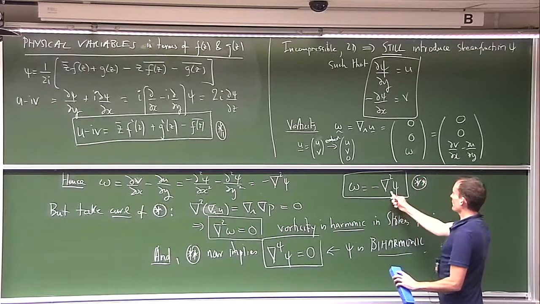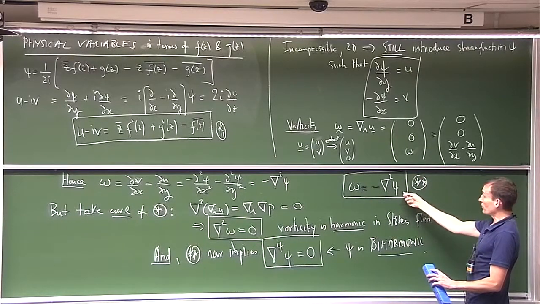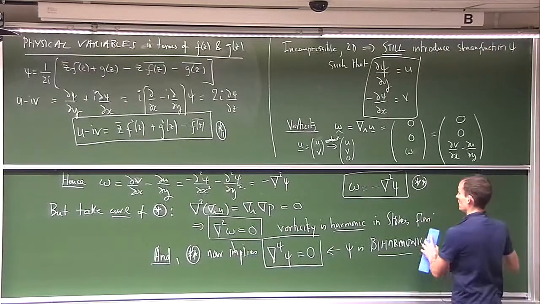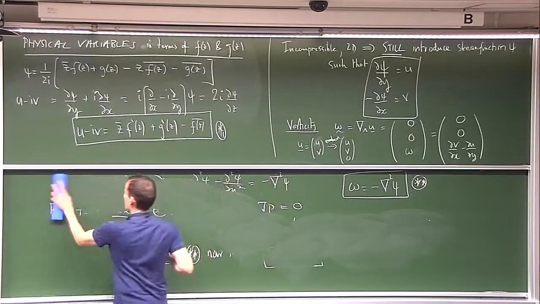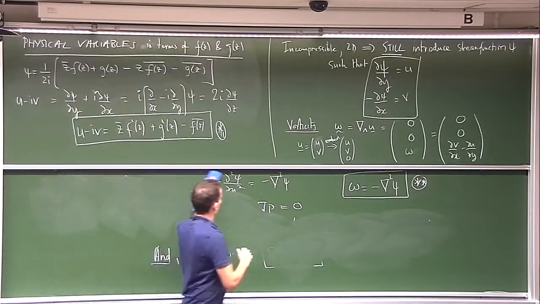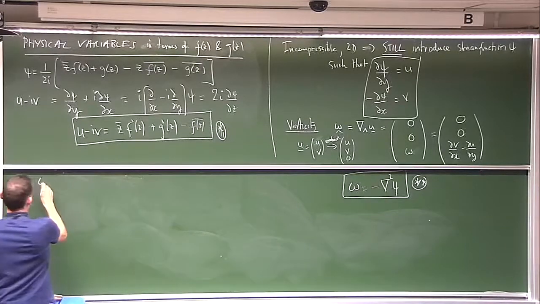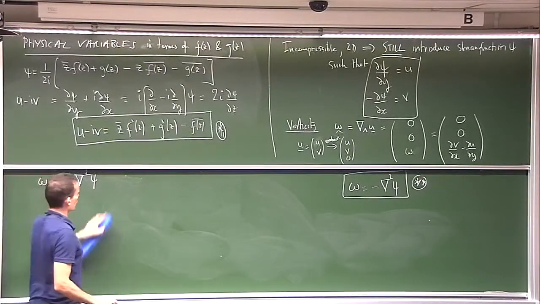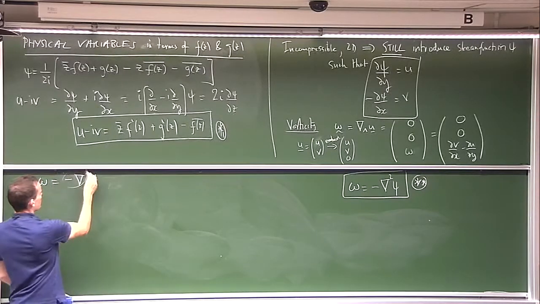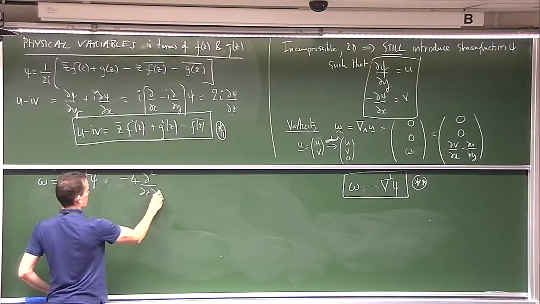You remember this? Let's get the vorticity in terms of f and g. Well, remember, this is minus 4 d squared by dz dz bar.